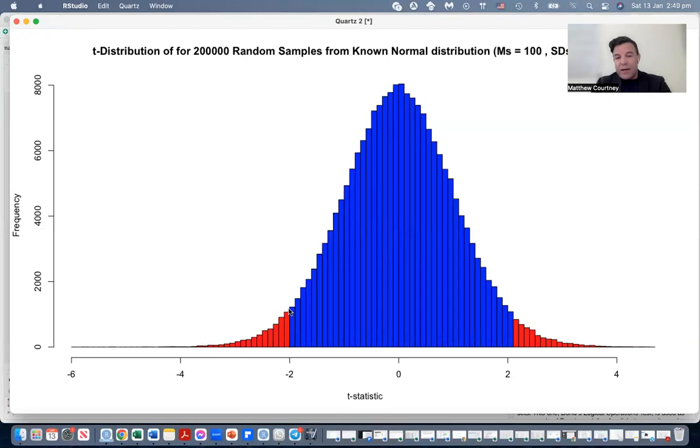So the area under the blue represents 95% of all possible outcomes, given the assumption that the means in the population are the same. So there's 95% across here. That means we have these 2.5% red tails.